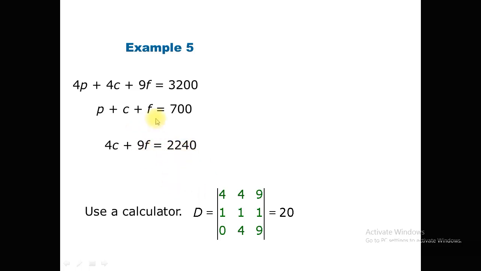So the coefficient matrix has the entries 4, 4, 9, then 1, 1, 1, and in the third equation the coefficient of p is 0, the coefficient of c is 4, and the coefficient of f is 9. Dear students, in this system the unknowns are p, c and f. To find the determinant of the coefficient matrix using any method or a calculator, you will easily get that the determinant of this matrix is 20.